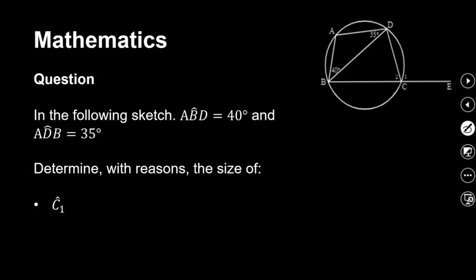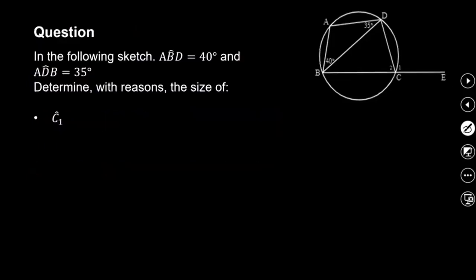So firstly, let me go to the next slide so that I have more space. So firstly, I will say in triangle ABD, right? In triangle ABD, I know that angle A will be equals to 180 degrees minus 40 degrees minus 35 degrees.